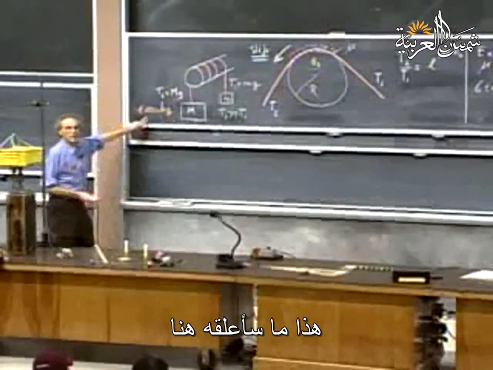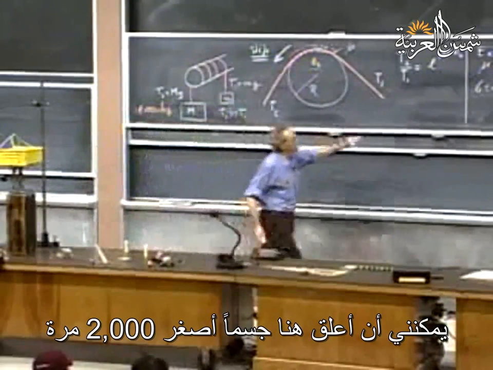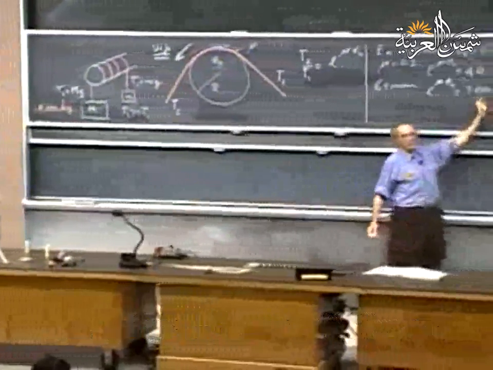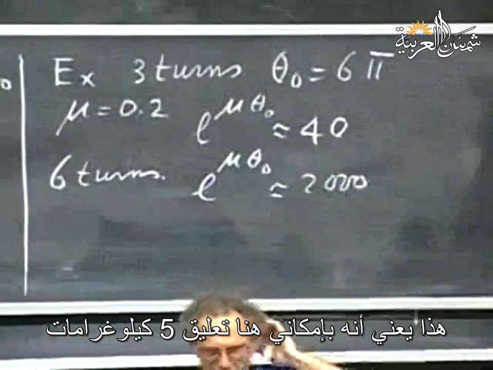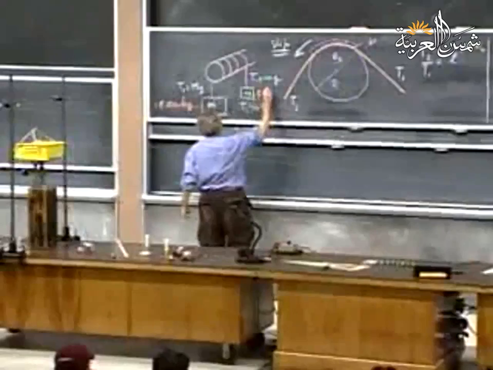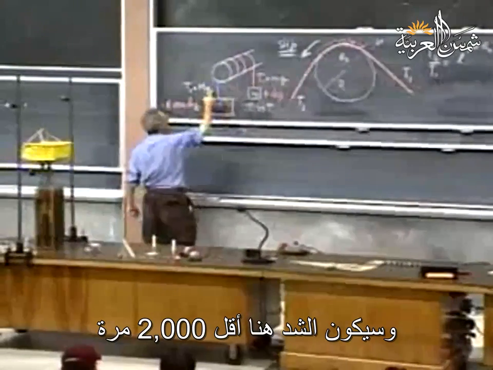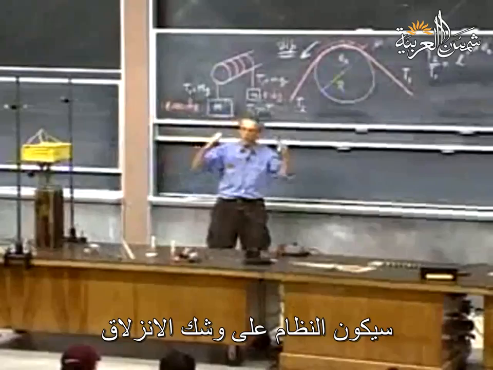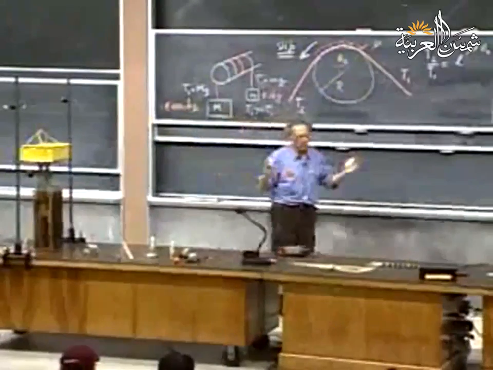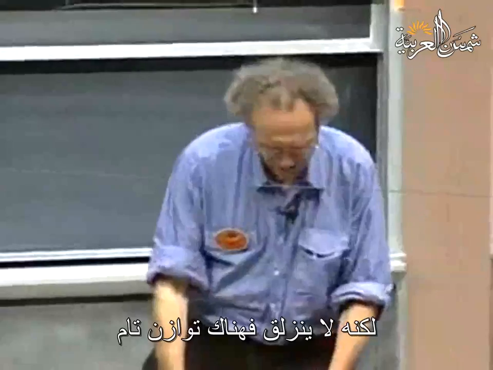That's what I'm hanging here. I can hang here a mass which is 2,000 times less massive. That means I could hang there 5 kilograms. And the tension here would be 2,000 times less than the tension there. The system would be about to start slipping, but it's not slipping. There is complete balance.